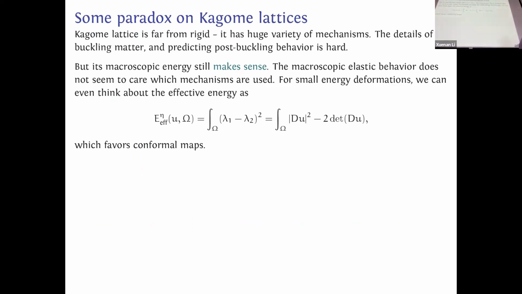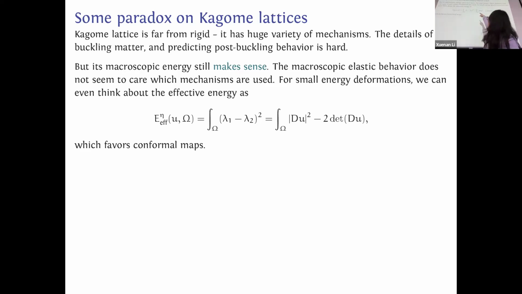So as an ending, the Kagome lattice is very, very floppy. It can deform by whatever mechanism you can choose, but it's still very meaningful. It still has an effective behavior, which only vanishes on conformal maps. If you give it a shear, it's still going to show some material-like behavior.